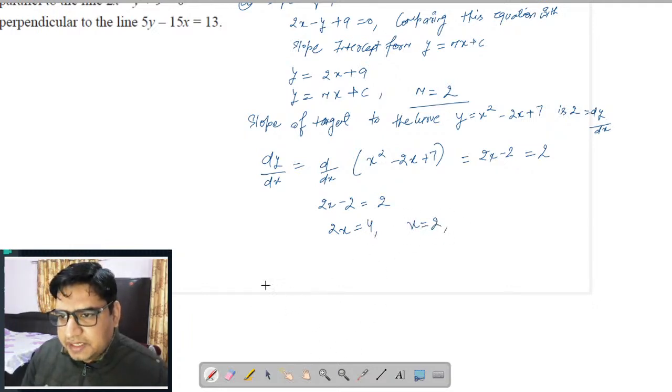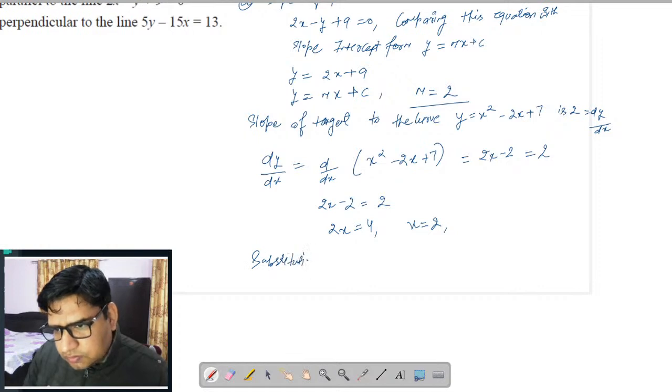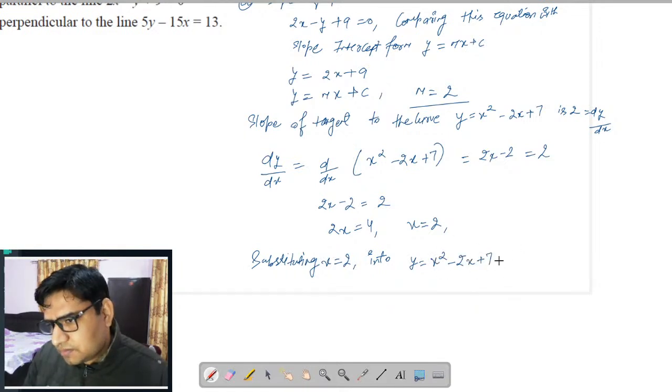Okay, and since x is equal to 2 is known to us now, we will find the y coordinate of the point. We'll simply write: substituting x is equal to 2 into y is equal to x square minus 2x plus 7 to get the y coordinate.